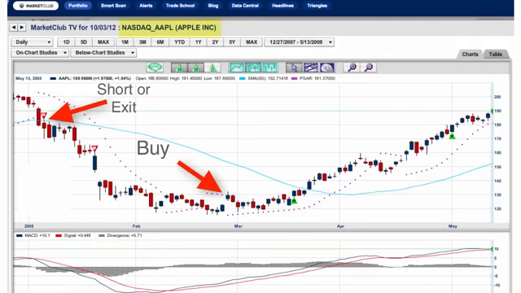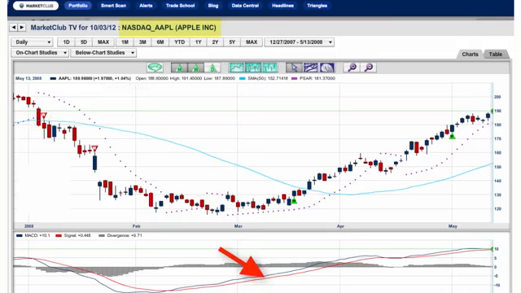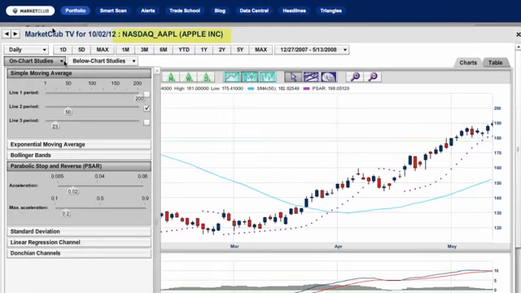And the indicator below the chart is what we call a MACD, which is a moving average convergence divergence indicator. Now, all of these indicators I've just described are actually described in detail on MarketClub. So here is a simple moving average, which you can see right here. Then you have the parabolic indicator, and we're explaining how to use the below chart studies in our next video, which I'll show you in just a second.